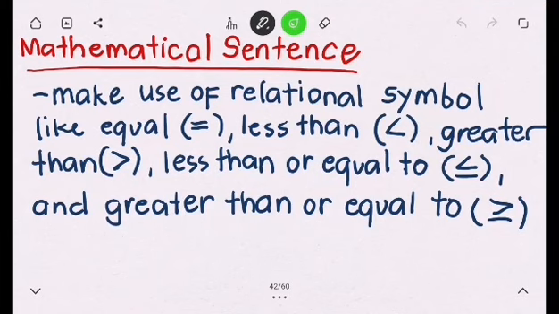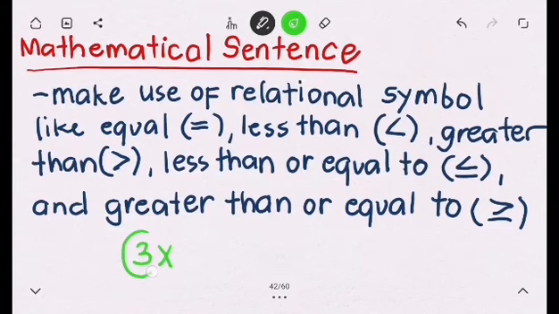Okay, so halimbawa, let's say, meron tayong expression or phrase. Halimbawa, the cost of several pencils at 3 pesos each. Okay, so kung isusulat natin siya into an expression, we can say that that can be represented by 3x.